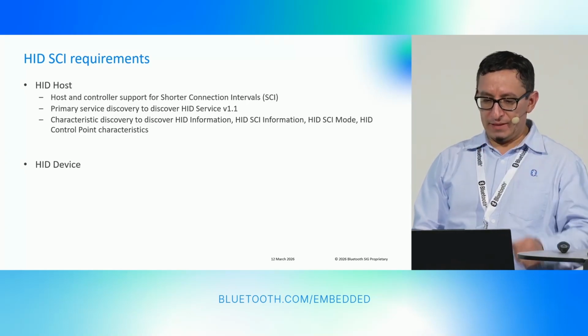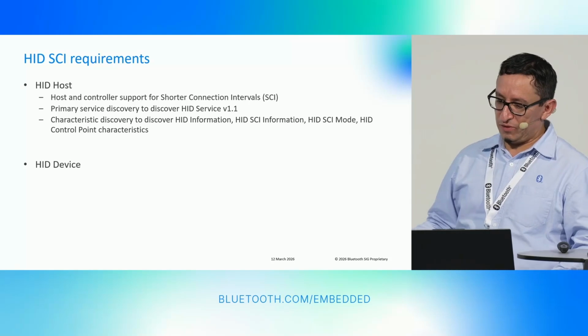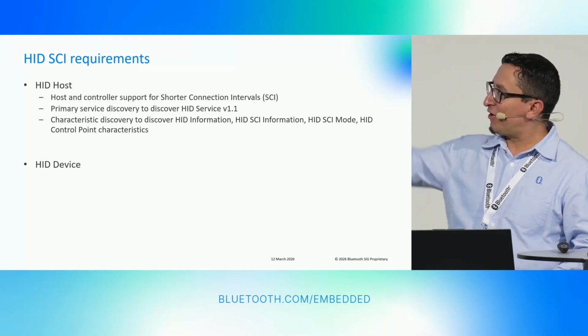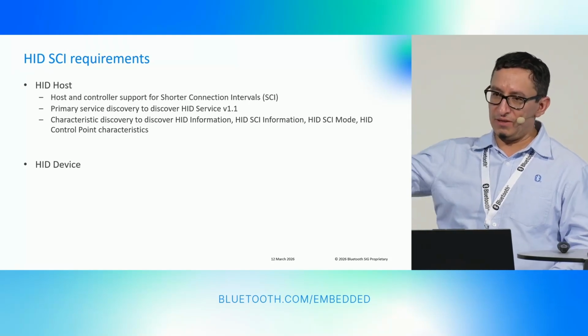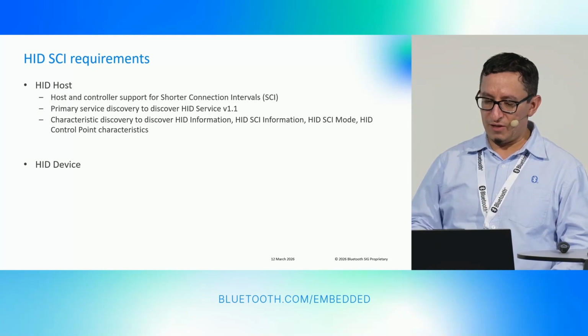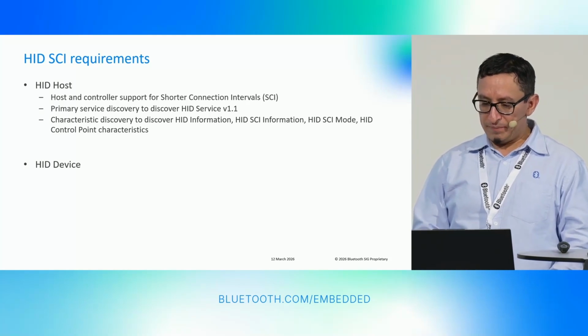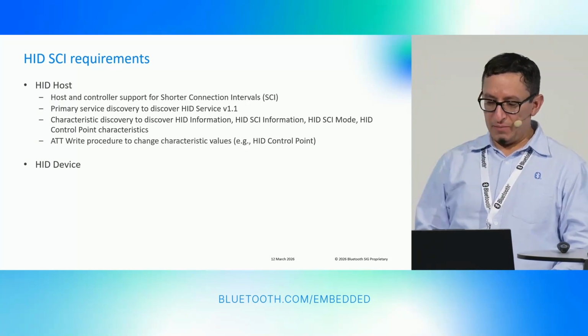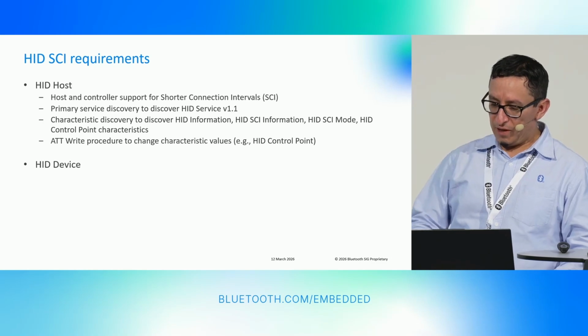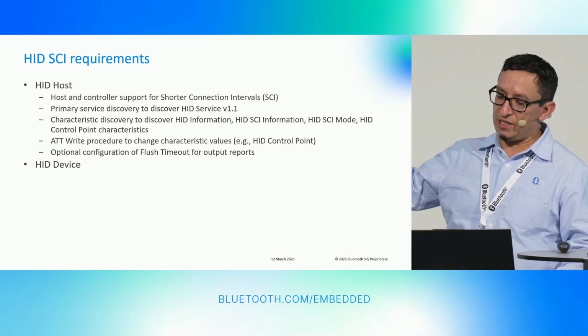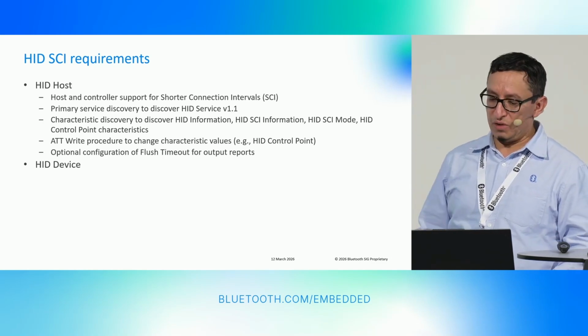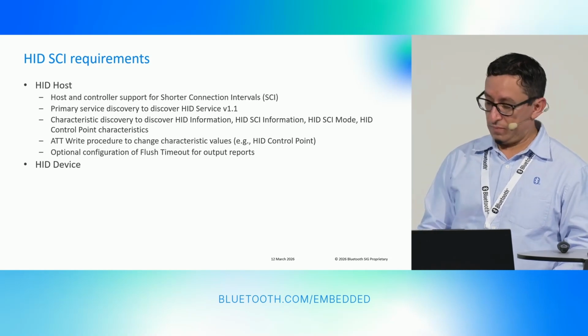Then the host must also be able to discover the characteristics already mentioned: HID information, HID SCI information, HID SCI mode, and HID control point. And optionally, it must be able to also configure flush timeouts and to change characteristic values using the ATT write procedure.